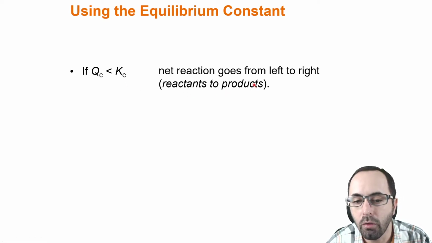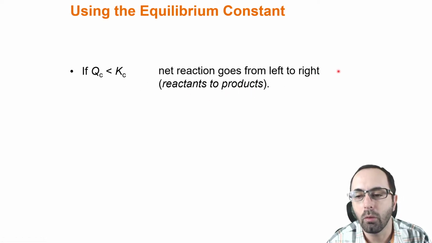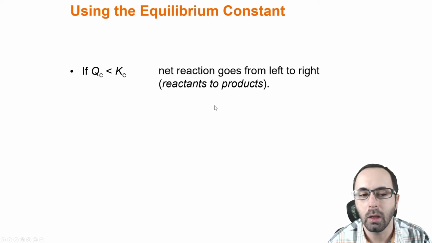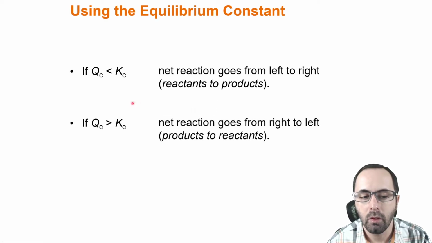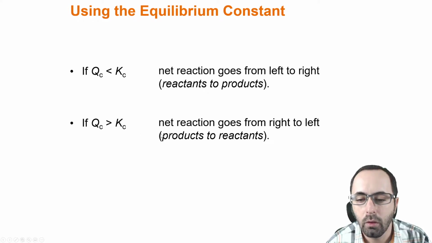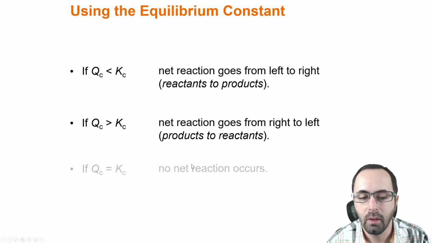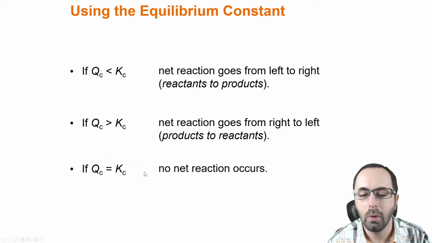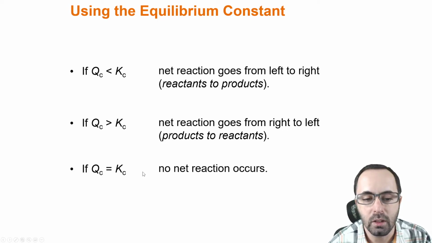The reaction is going to go forward, from left to right, in order to make more products. If Q is greater than K, that means at this moment there are too many products, not enough reactants. So the reaction is going to proceed towards the left, meaning products are going to get turned into reactants. And finally, if Q and K are the same, then we're at equilibrium and no net reaction is occurring.